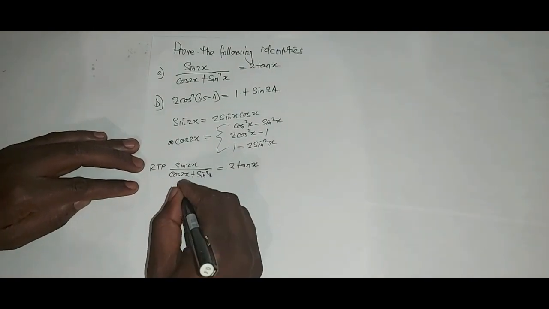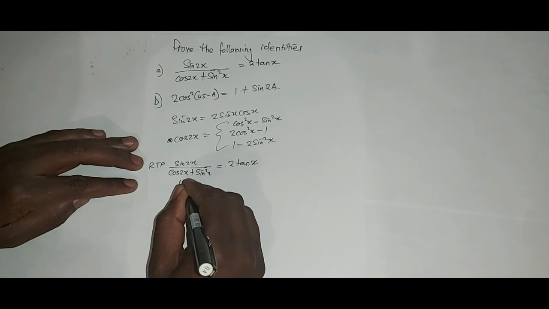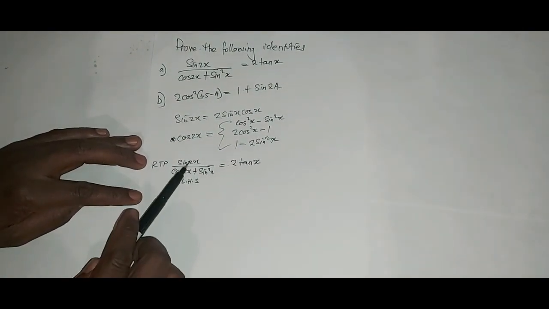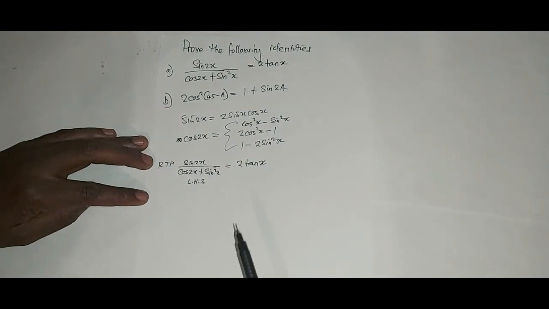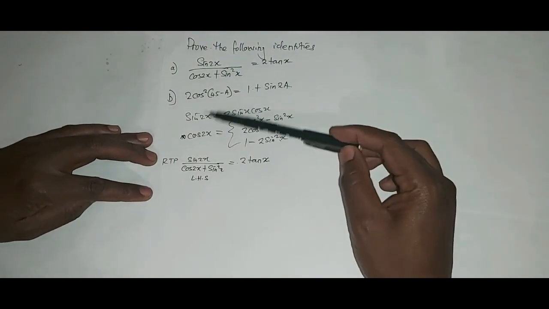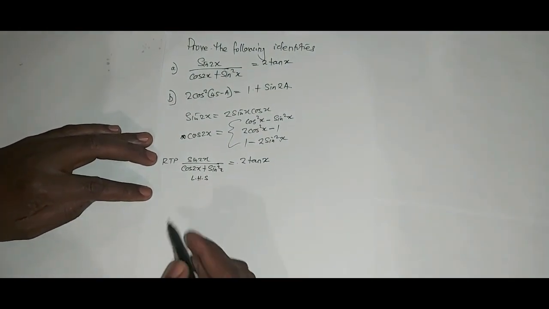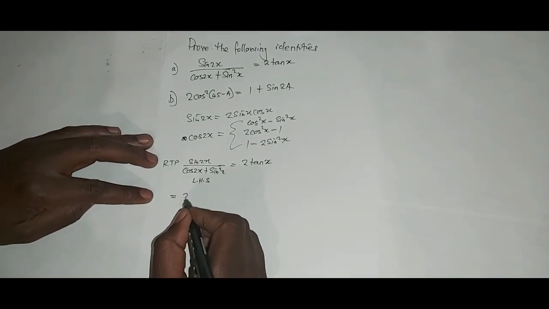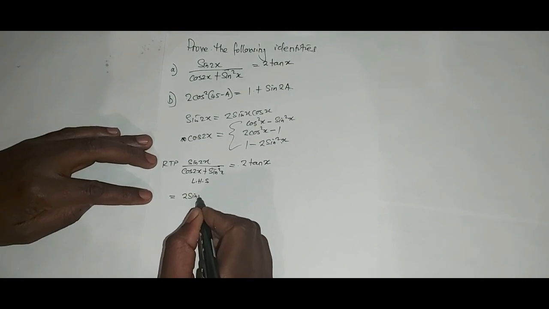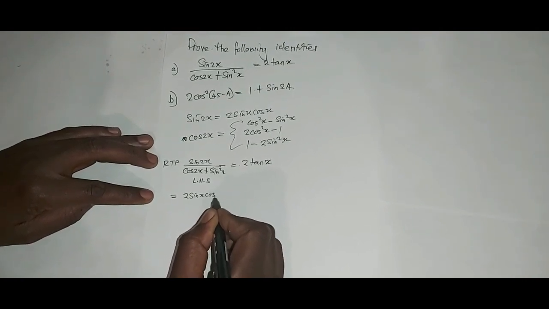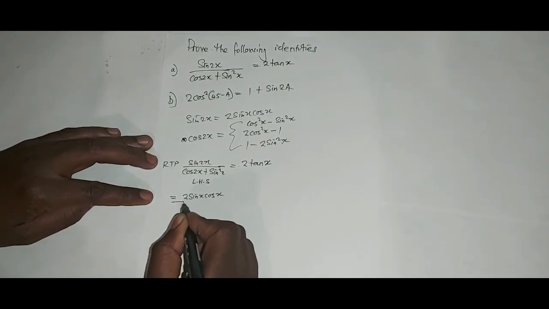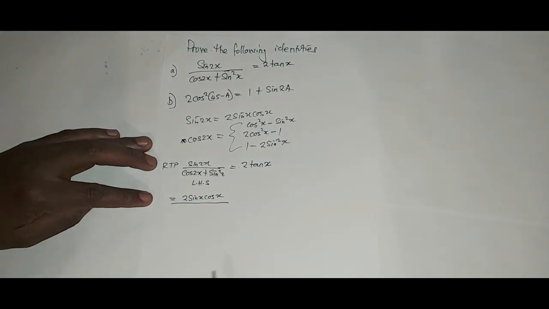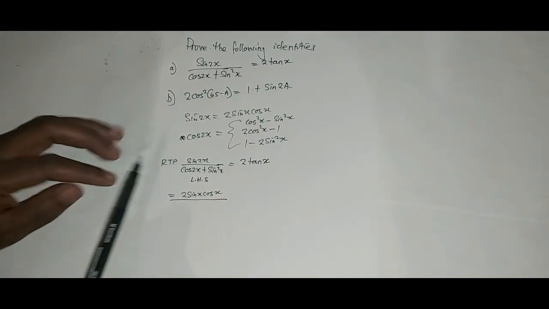In this case, I'm going to start from the left hand side. From the left hand side, can you see I have a sin 2x? Thank God for sin 2x, it has only one option. So it will now be equal to 2 sin x cos x all over. Now here I have a cos 2x.